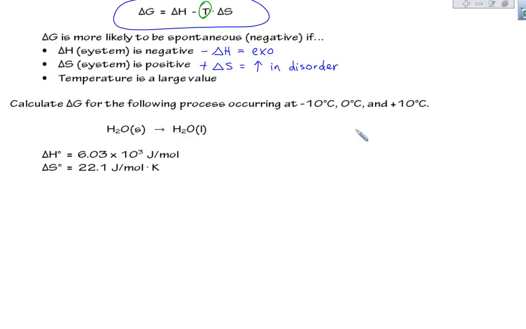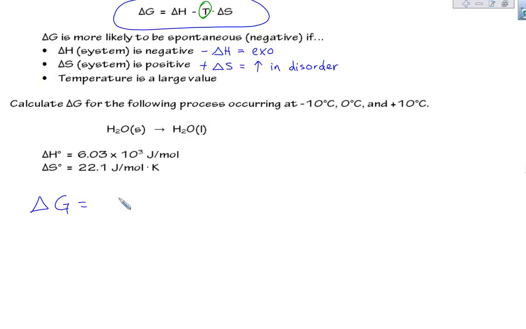They give me delta H, and they give me delta S. Well, that's convenient. So this is just plug and chug, right? Kinda. So these are all going to look really similar. We'll have our delta G equals delta H. This is endothermic. That makes sense.